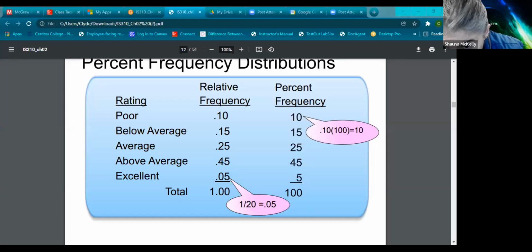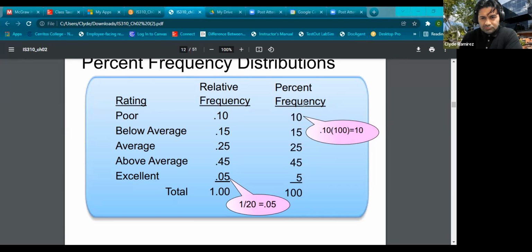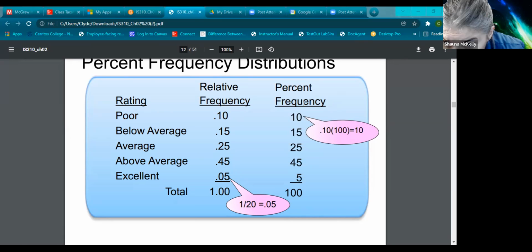And so the percent frequency is always going to be the relative frequency times 100, and that's because we're converting it to a whole number, a percentage.